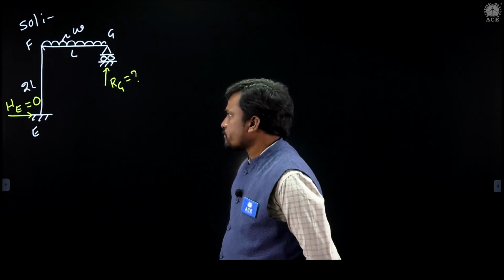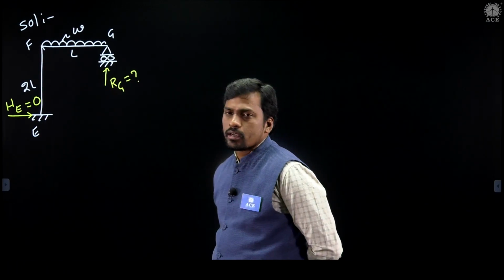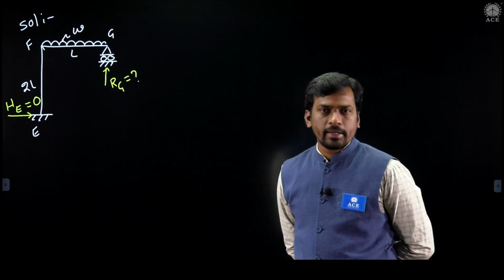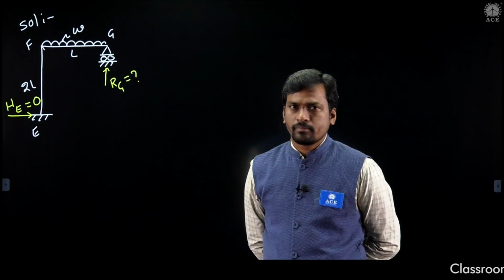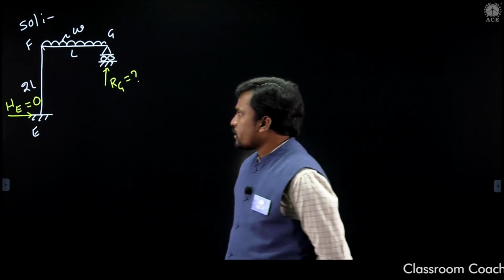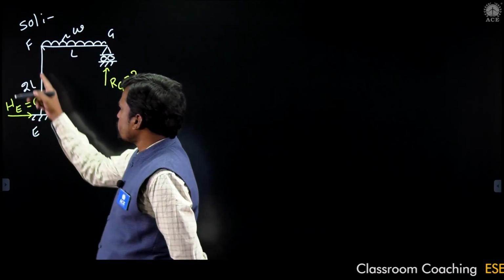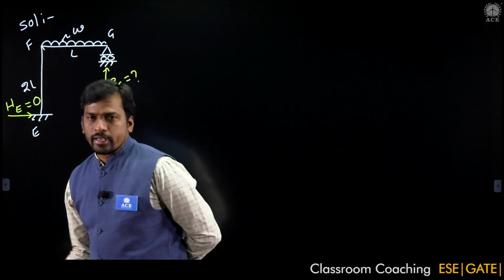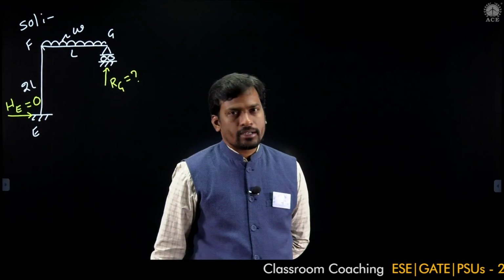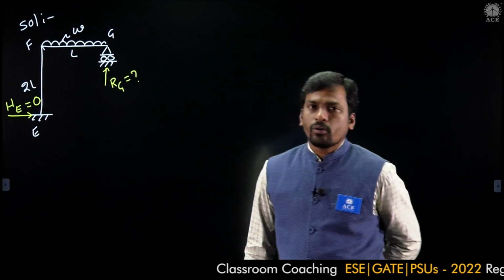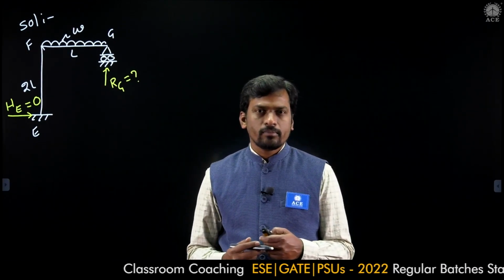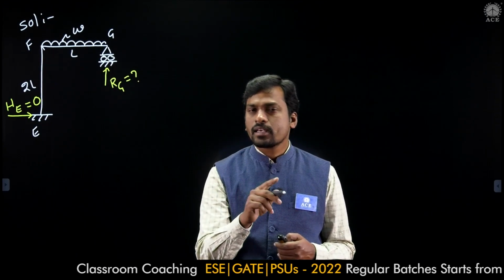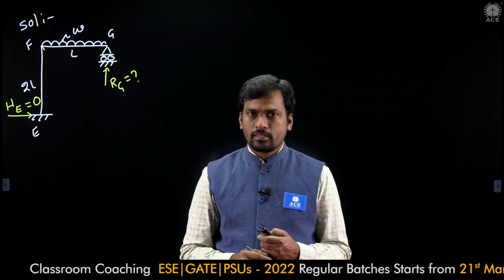Here I'll use the consistent deformation method, which is nothing but the flexibility matrix method. In the question, joint F is a rigid joint. I told you that at a rigid joint, the rotation of all the members is the same.